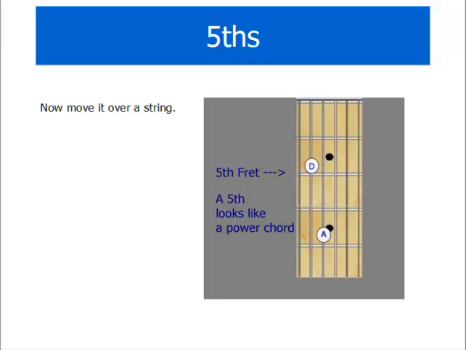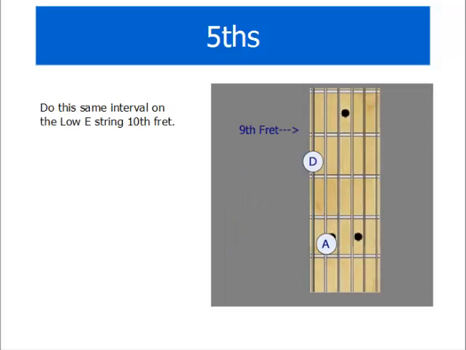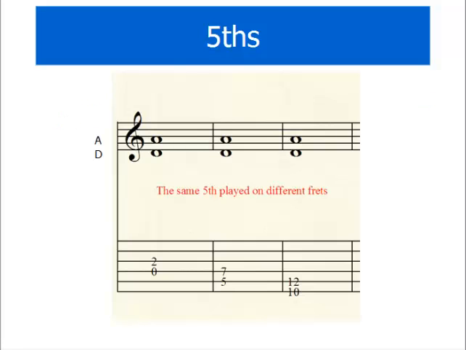Anywhere you go, as long as you have this configuration of 2 frets apart and the next string, you'll have what are called fifths. You can do the same thing on the D, which is located up on the 10th fret. So there we have 3 ways to play the same fifth.